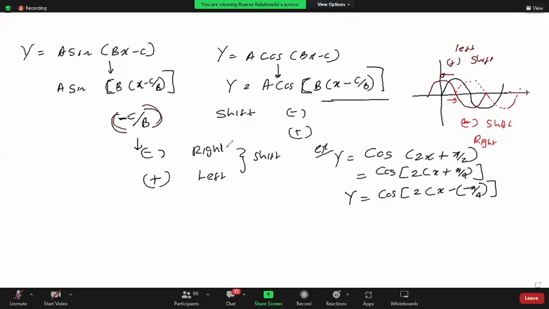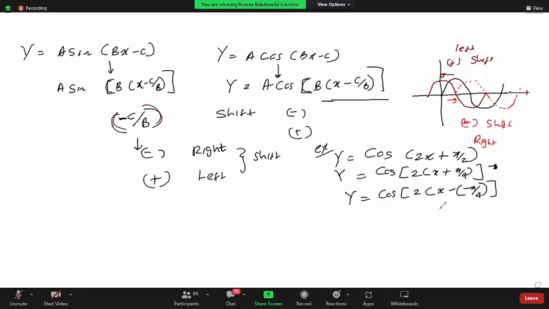Actually, no need to form it this way also. You can take the conclusion from this term. Okay, this one is better.